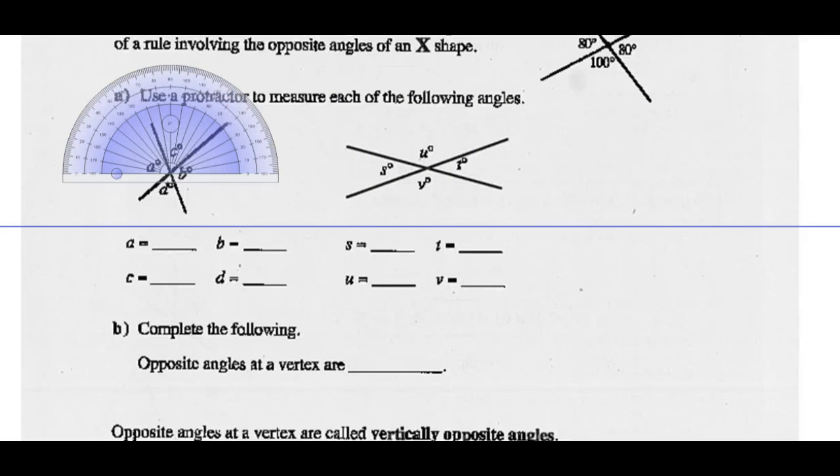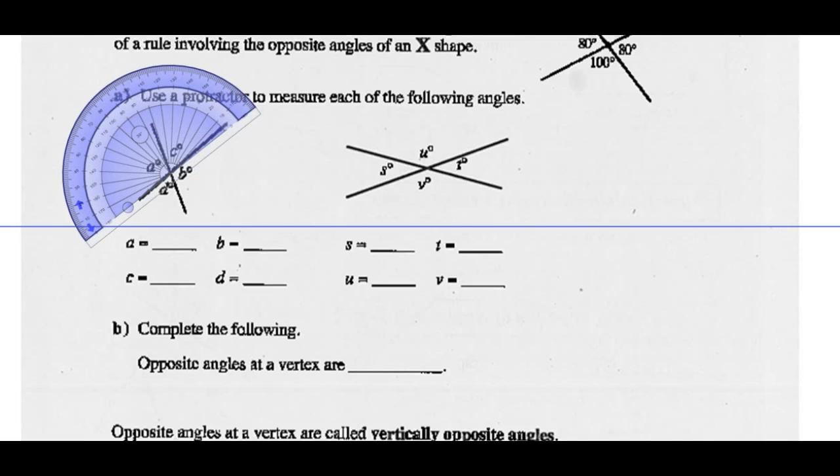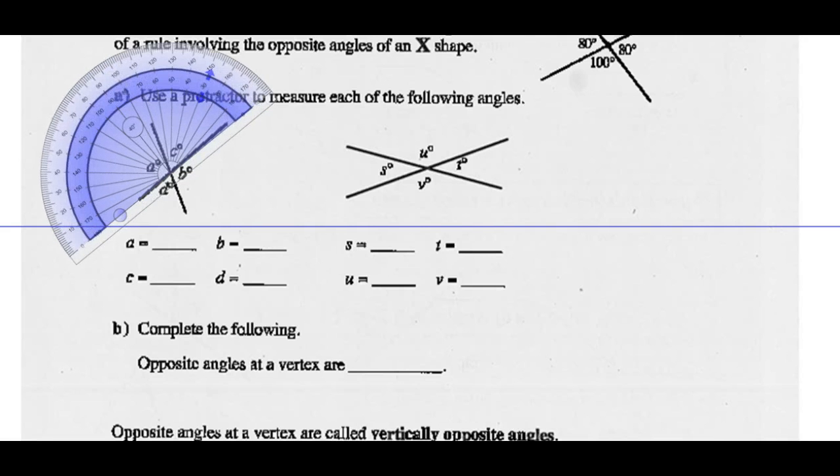So let's start with angle A. All right, maybe a little larger for you. So angle A looks to be from 0 to 110 degrees, all the way up there. All right, so A seems to be about 110 degrees.